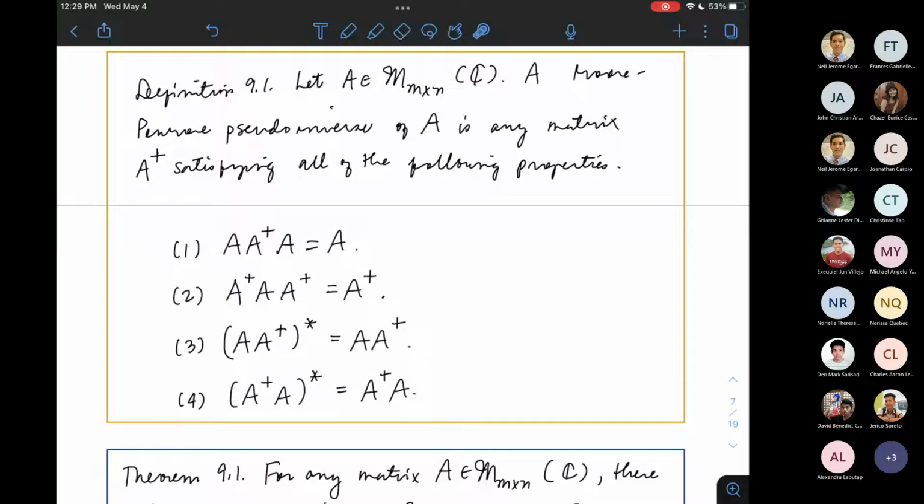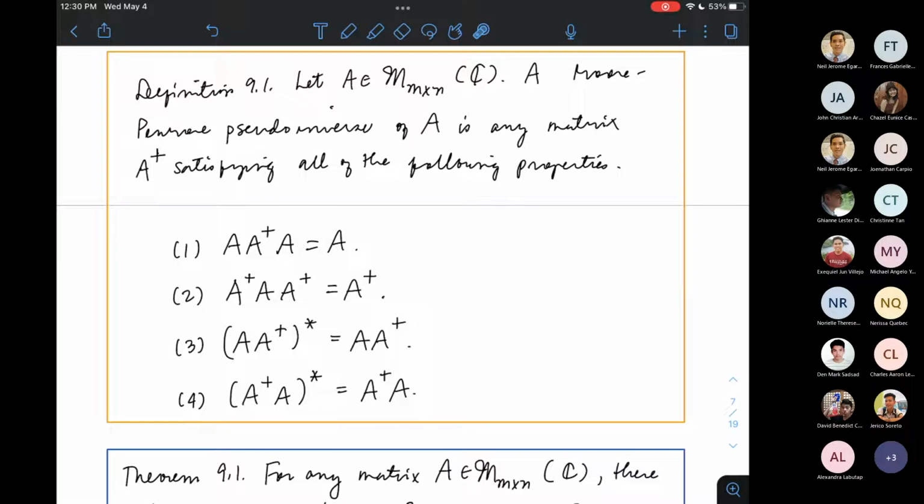Or you can look at it the other way. Pwede mo naman tingnan yung A pseudo-inverse to be something that acts as an identity. But mind you, that identity might not be equal to the identity matrix at all. Okay? Kasi nga hindi pa natin alam kung paano nagwo-work yung pseudo-inverse. Basta dapat masatisfy niya yung property 1. At the same time, it should satisfy property number 2.